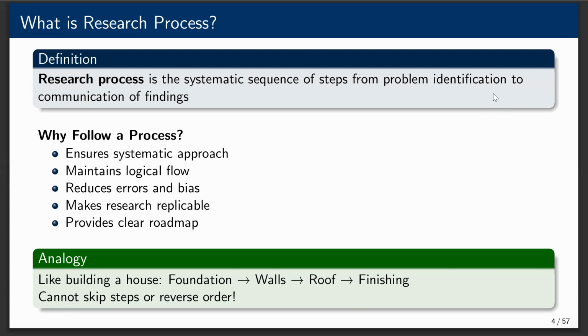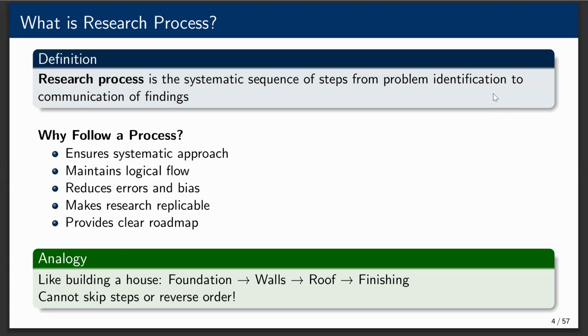Now the question is, why follow a process? It ensures a systematic approach. It maintains logical flow. It reduces errors and bias. It makes research replicable. It provides a clear roadmap. So these are the various reasons for which we should follow a process, right?